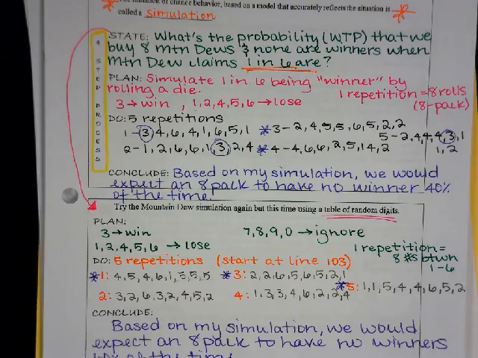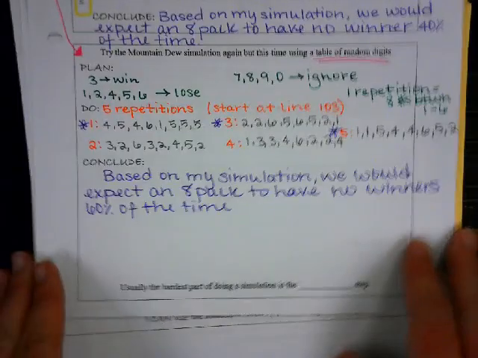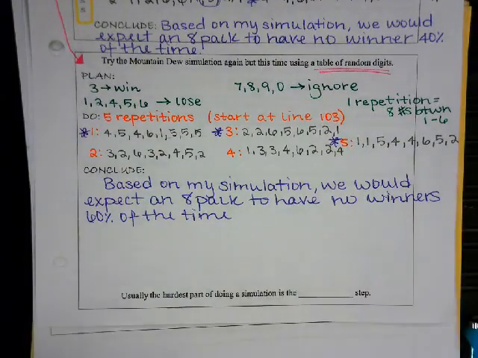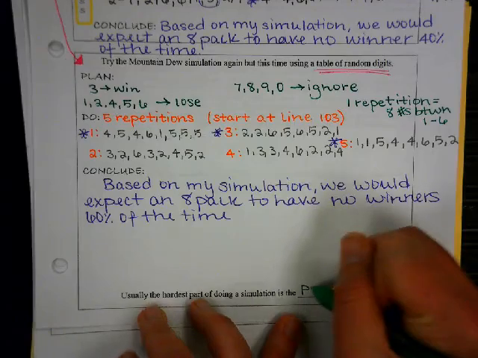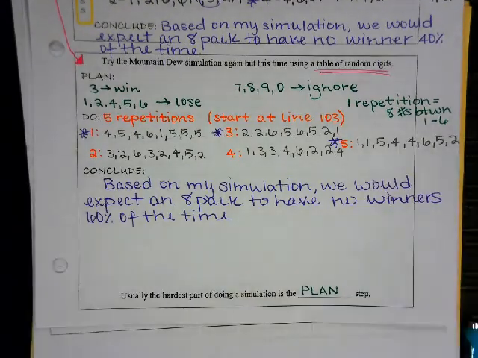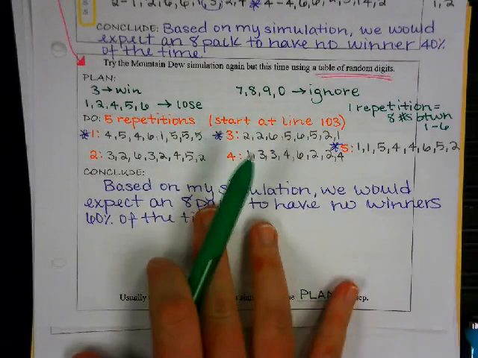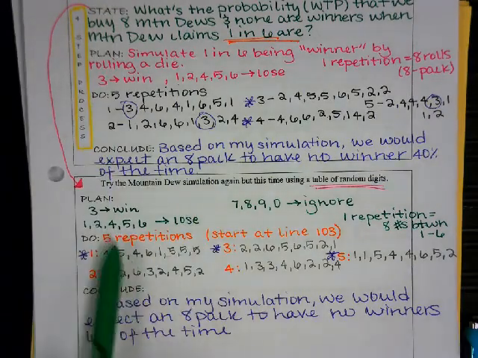All right, so down at the bottom, usually the hardest part of a simulation is coming up with the plan, because you have to make sure that you represent the probability correctly. So the whole 1 in 6 is a winner, using a dice or using the table of random digits.